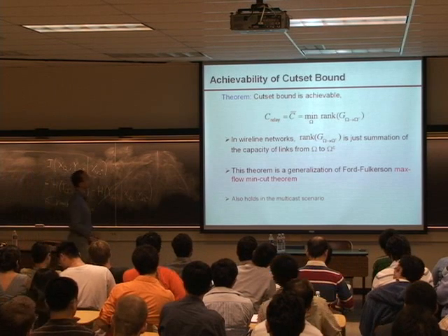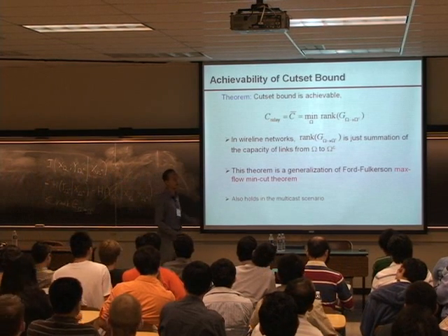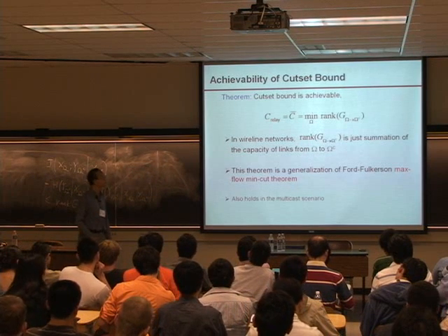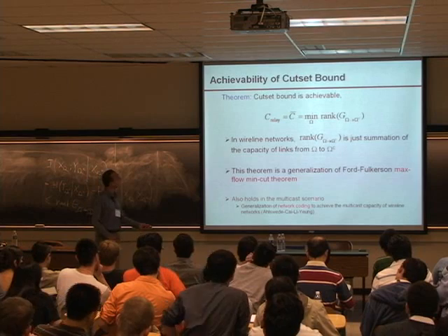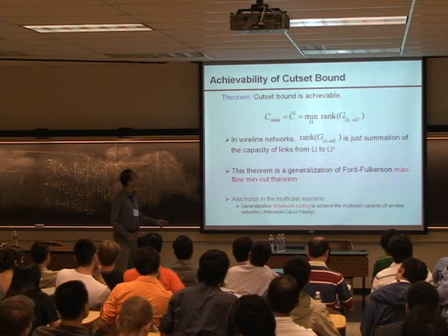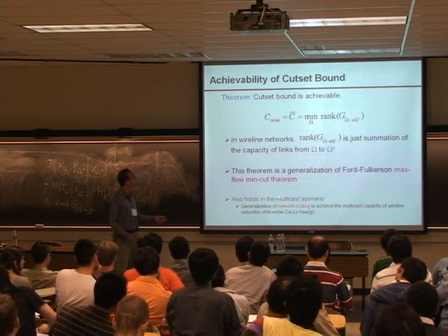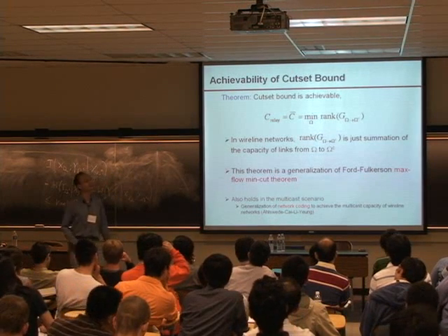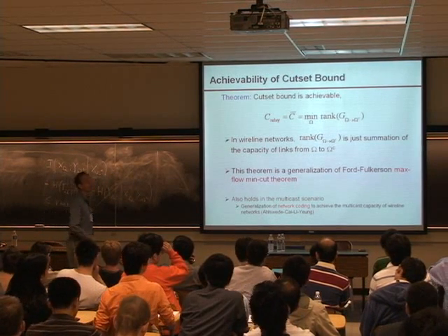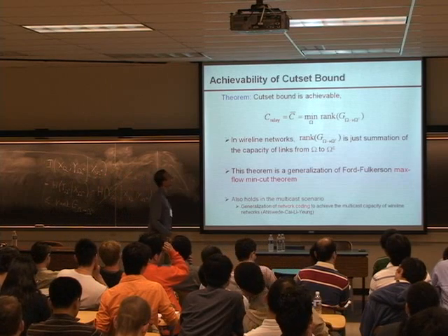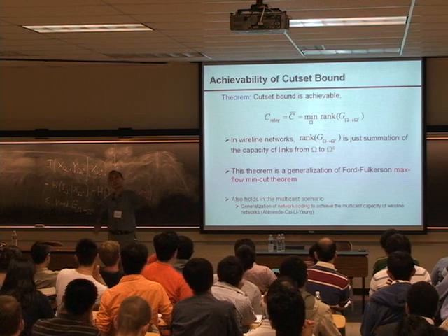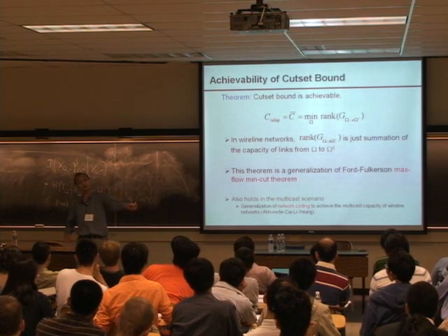By the way, since we talked about network coding yesterday, let me just connect a little bit to that. You can push this result further, and you can also show a general result for the multicast scenario. As we heard yesterday, if you send the same information from the source to multiple destinations, that's called a multicast problem.